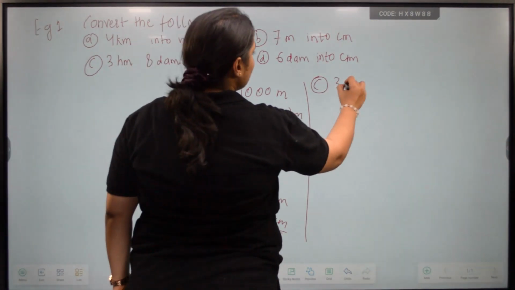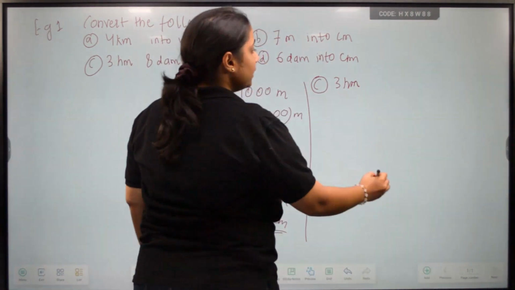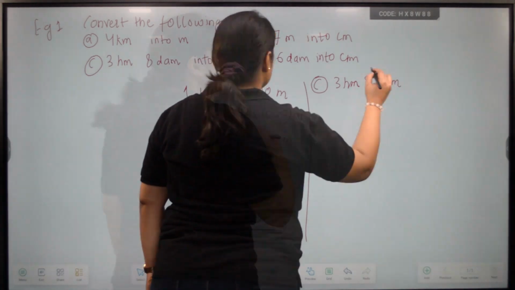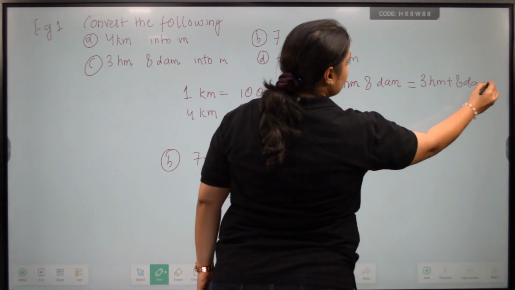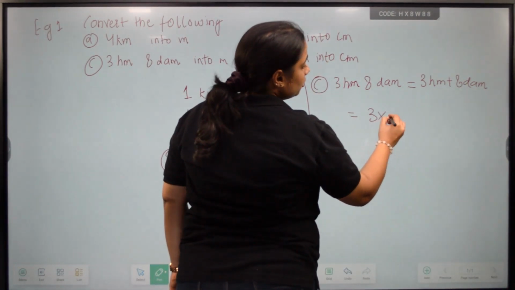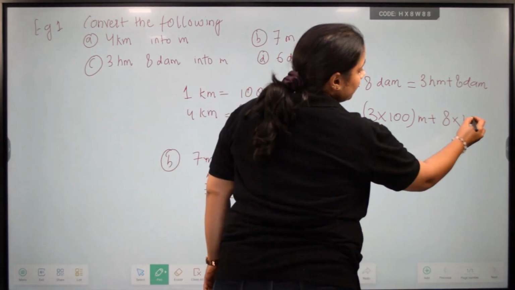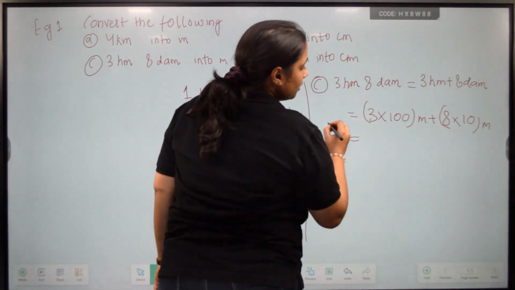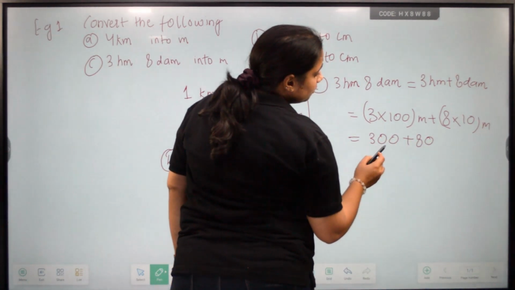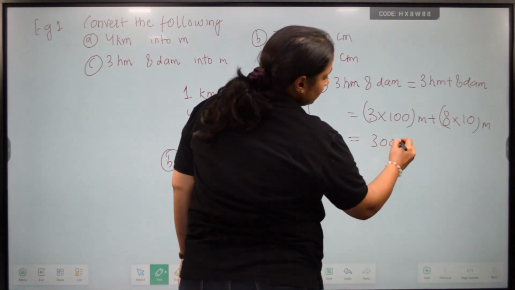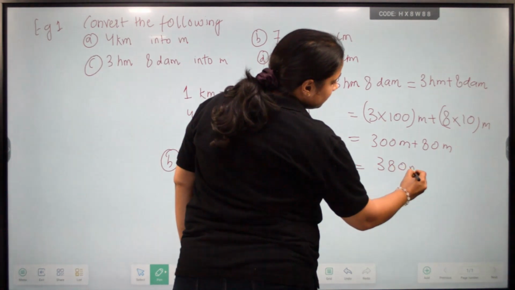So, 3 hectometer and 8 decameter is equal to 3 hectometer plus 8 decameter, which is equal to 3 into 100 meter plus 8 into 10 meters, which will become 300 meter plus 80 meters, which is equal to 380 meters.